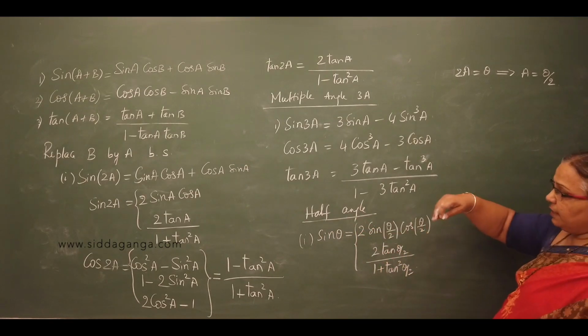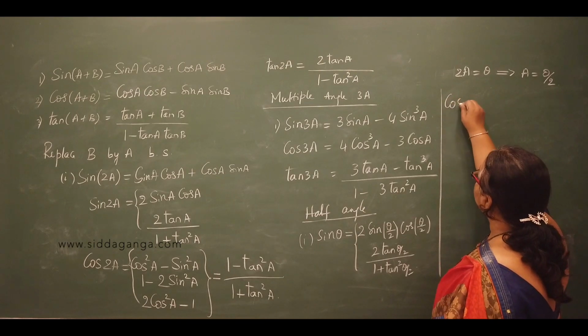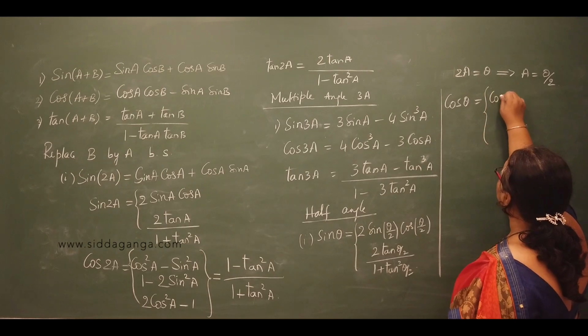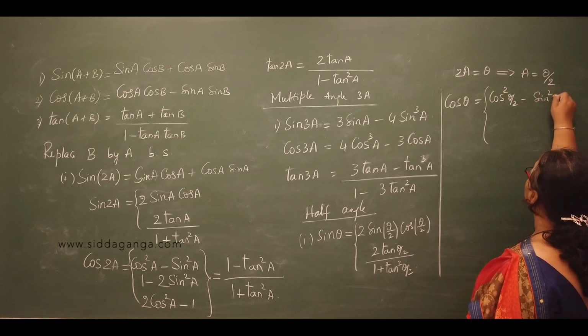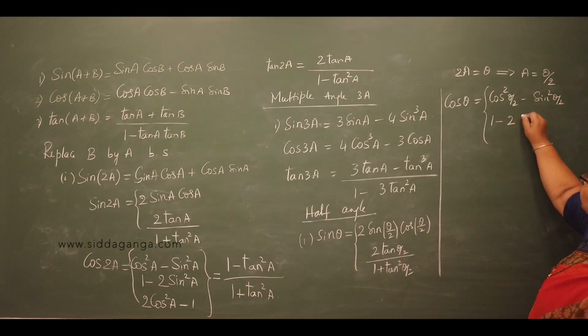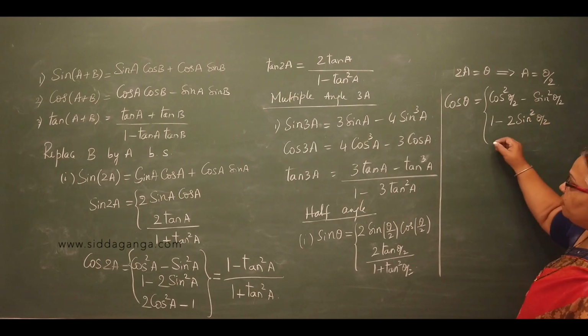Similarly, cos theta, instead of 2A we take theta, is cos square theta by 2 minus sin square theta by 2. Only in terms of sine ratio, 1 minus 2 sin square theta by 2.